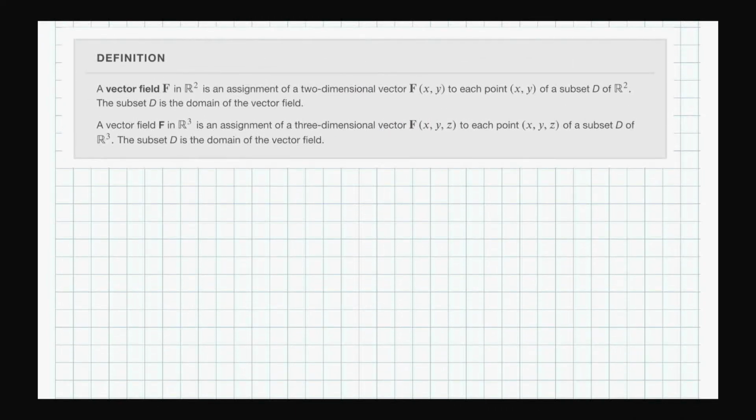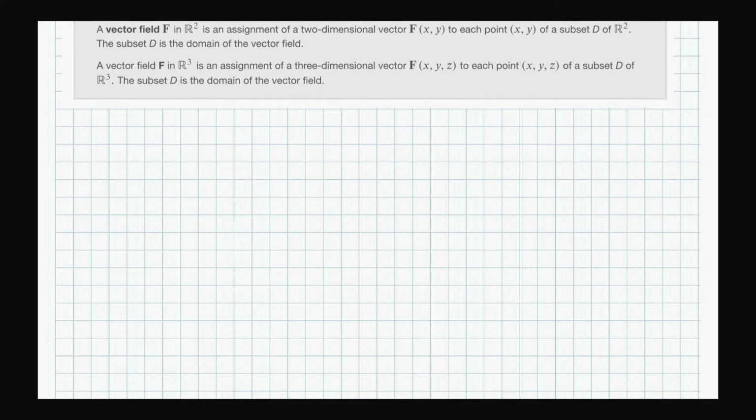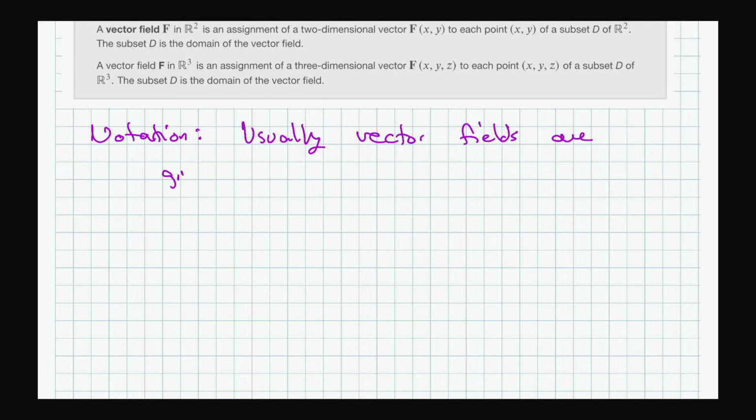Okay. So a lot of times for notation, they'll have it like this. Usually vector fields in R2, that's where we're starting, are given like this.